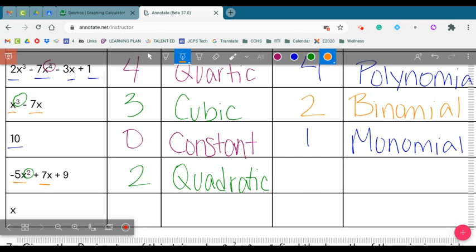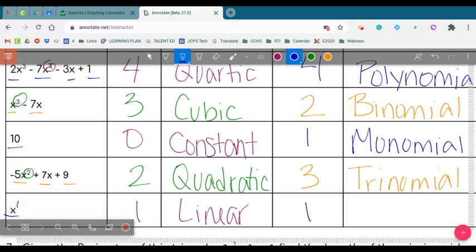I have 1, 2, 3 terms. So this is a trinomial. Last one, I just have x. So I have an exponent of 1. So this is linear. And I just have 1 term. So this is a monomial.